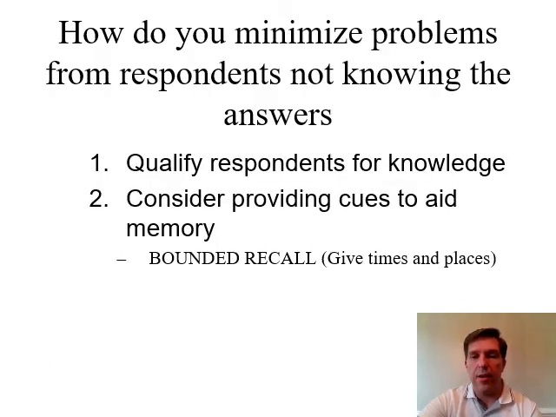Now, another thing that we have talked about before is making sure that the people that are providing answers to you actually are knowledgeable about what you're interested in, and they are basically pre-qualified based on their characteristics. So start by qualifying respondents. Okay, how do you do that?